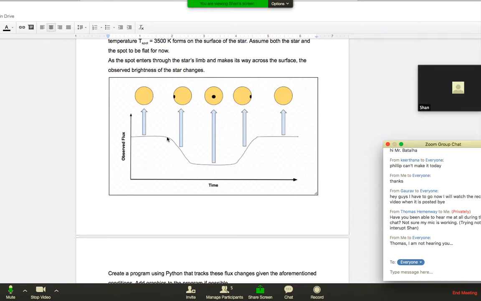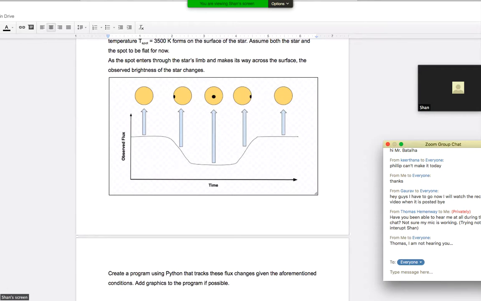The question is, how are you going to time this downfall in flux from the purely photospheric flux to one that has a spot? This little transition here, how are you going to determine that? One suggestion: let's say you have a spot that is 10%.